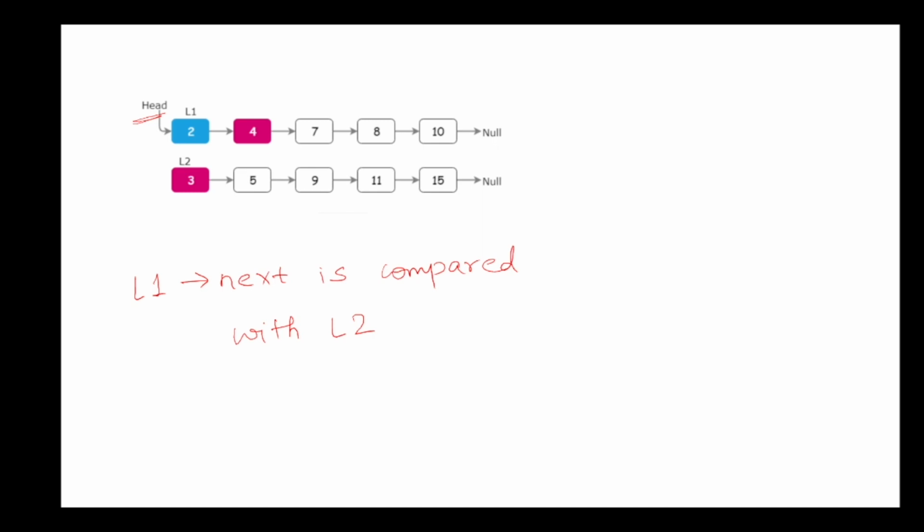L1's next is either greater than L2 or it is lesser. Let's assume L1's next is less than L2. It doesn't happen here, but let's say L1's next is 20 and it is less than 30, the value in L2. Then L1 has to just move one step ahead. That would happen, but it's not the case here.